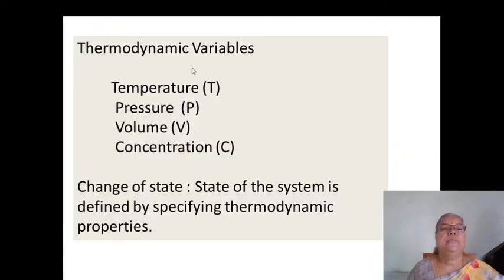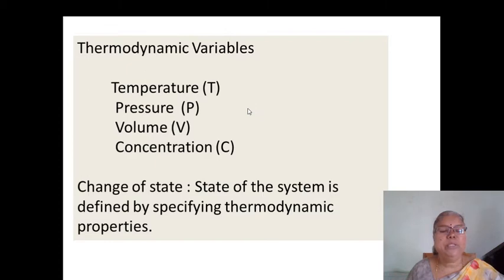Then the thermodynamic variables. Here temperature, pressure, volume, concentration are the variables of the system. And remember, by fixing temperature, pressure, volume, composition, we may state a system completely, or we define a system completely.